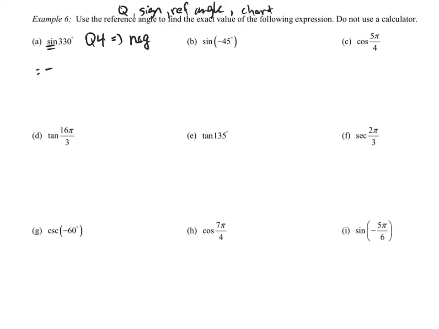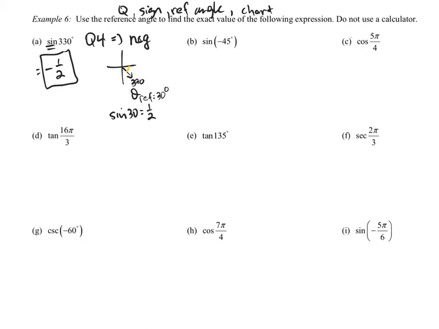Now, my reference angle, if I just draw this real quick, quadrant 4 here, 330, the closest x-axis is here, so that reference angle is going to be 30 degrees. And so this is just going to be the same thing as sine of 30 degrees. And if you draw out your chart, sine of 30 degrees is going to be a half, and so the answer to sine of 330 degrees is going to be negative a half.